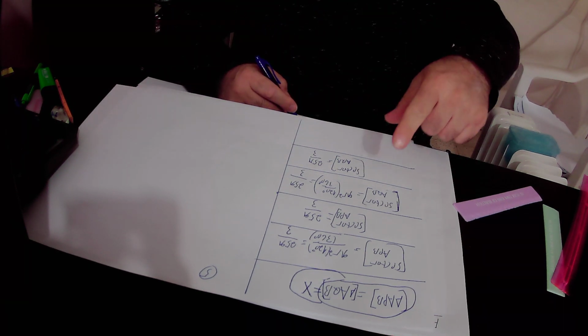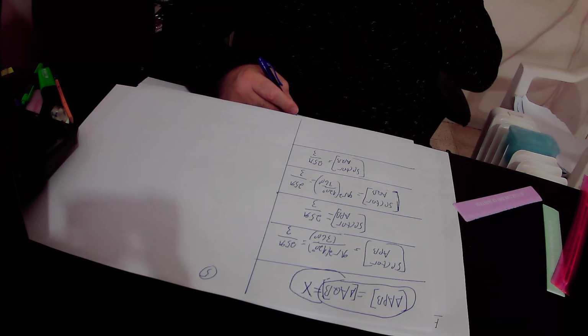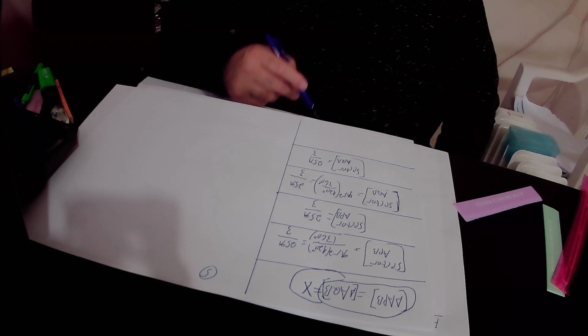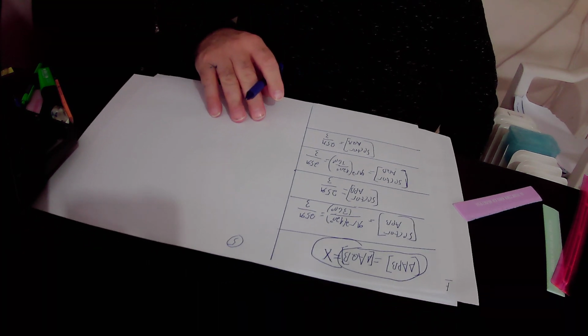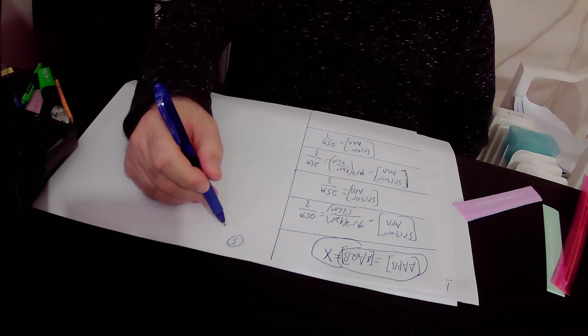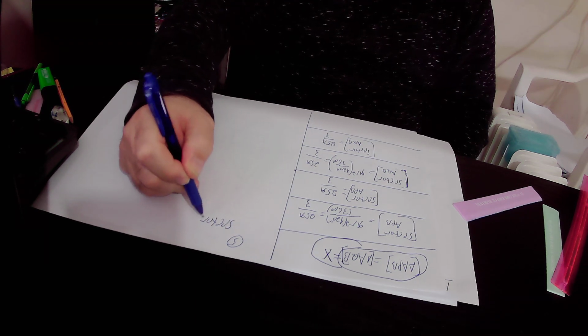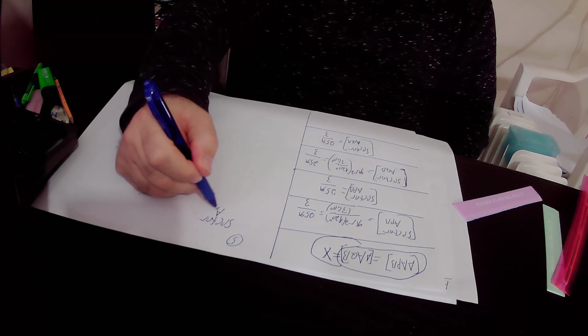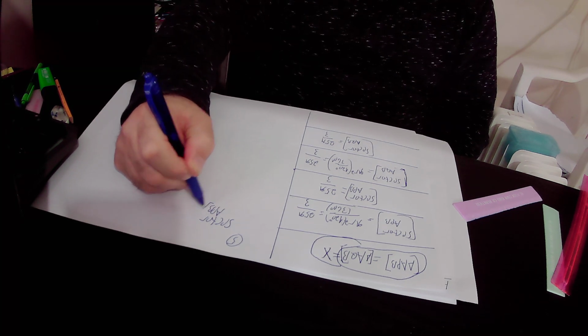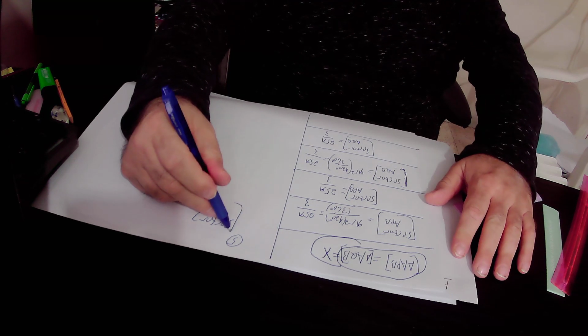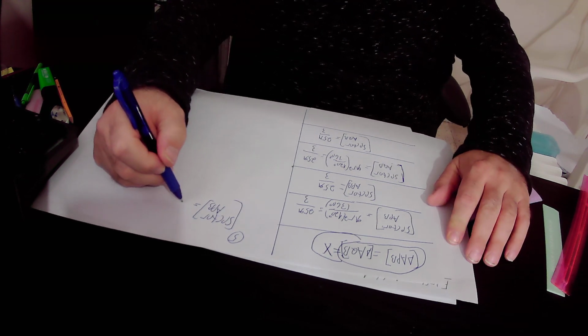So we can write down that the area of sector APB is equal to the area of sector AQB.